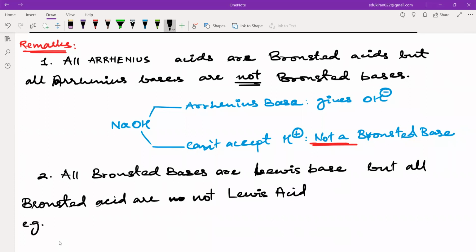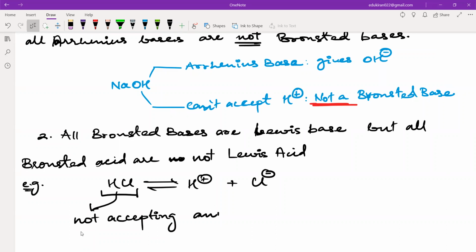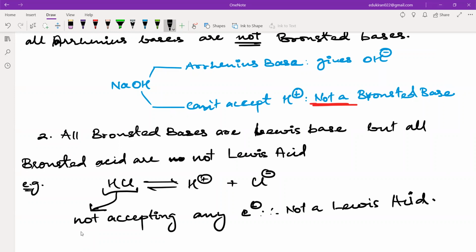For example, if I talk about HCl, it gives H3O plus, it will give H plus and Cl negative. In this case, HCl is an acid, but it is not accepting any electrons. It is just getting dissociated, and therefore it is not a Lewis acid. So write this down.